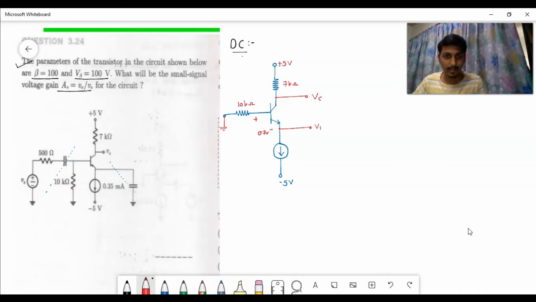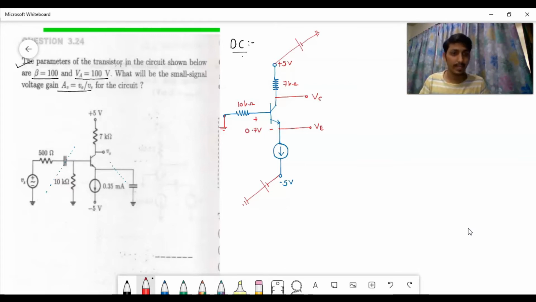VC, VE, at both sides. Please mark the polarities so you can solve it easier. 0.7 volt.